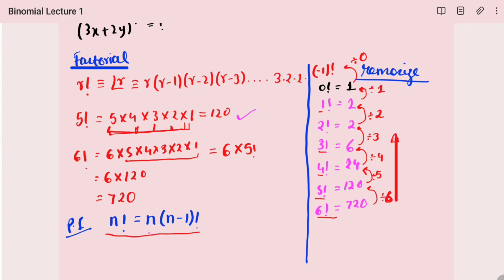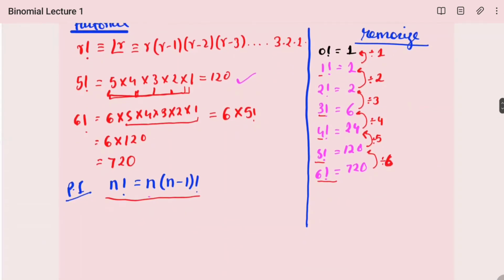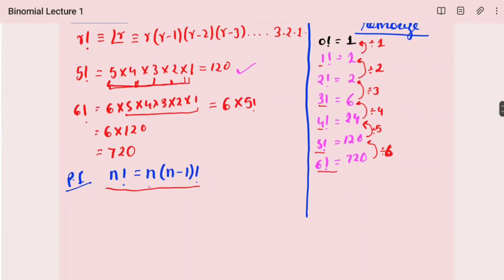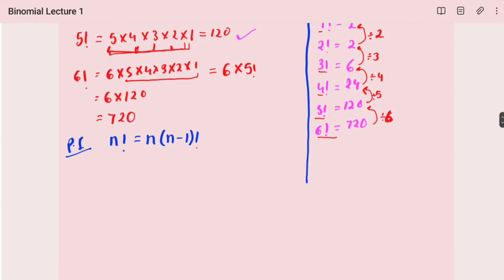So here you have to divide by 0, which is undefined. So negative 1 factorial cannot be defined by this process of multiplication. Of course, factorials of negative numbers and fractions have been defined, but they are far beyond the scope of our syllabus. Okay, so this was one thing which I needed to tell you.